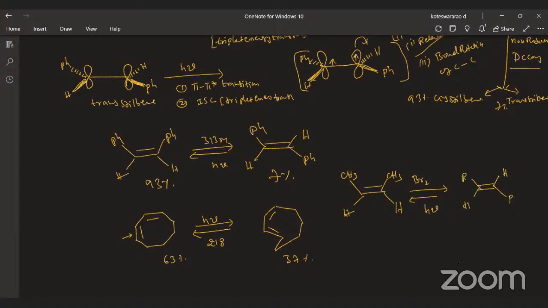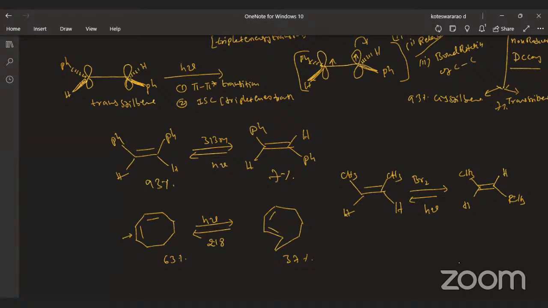Then the product will be generated. The halogen atom, if you are adding to the olefin, first generates a radical. Then further it undergoes elimination of the halogen atom from the radical, which yields a mixture of cis and trans.